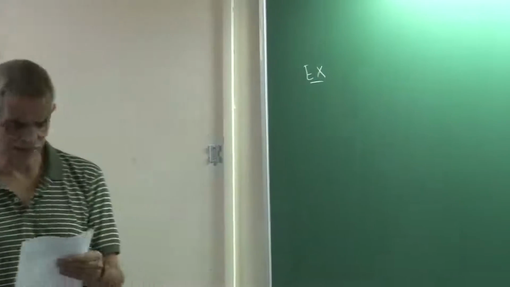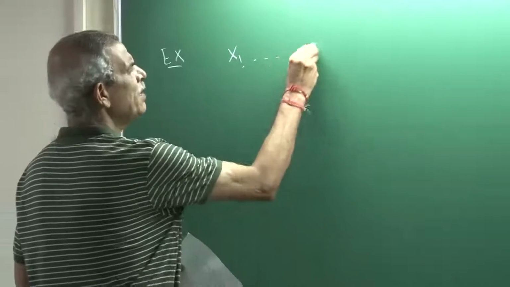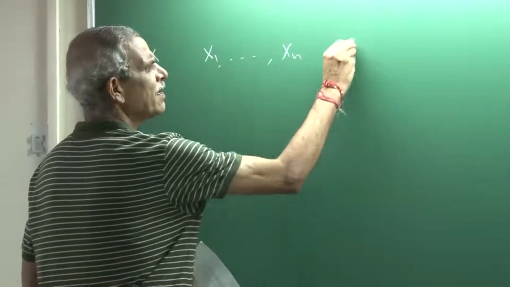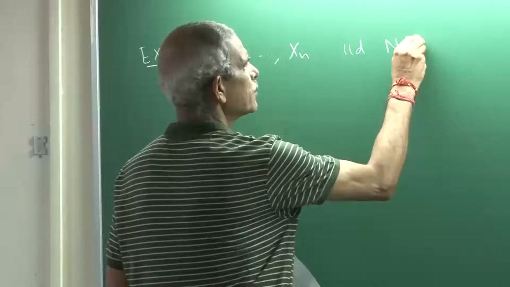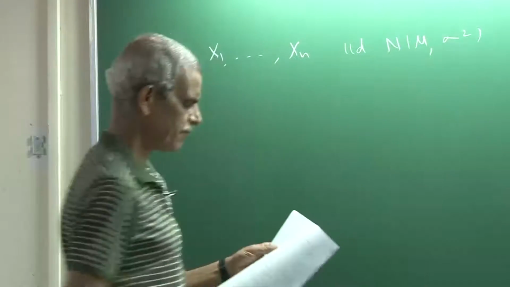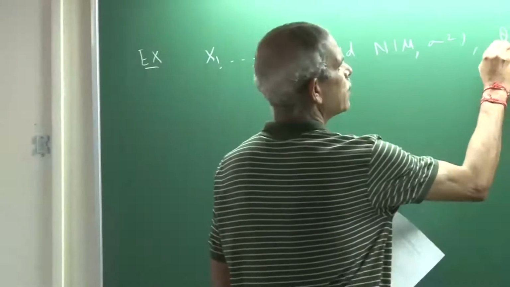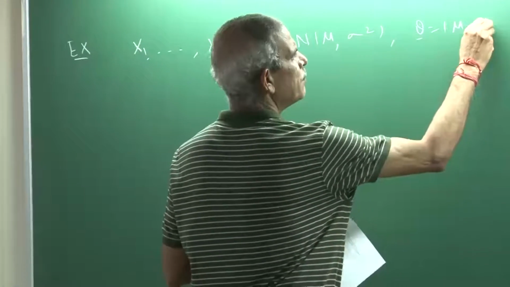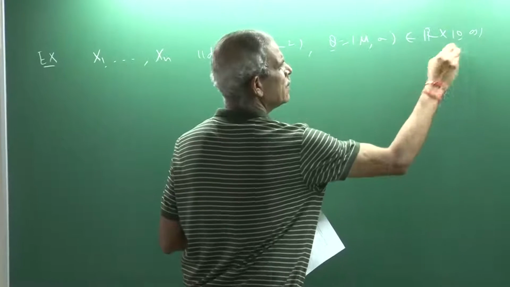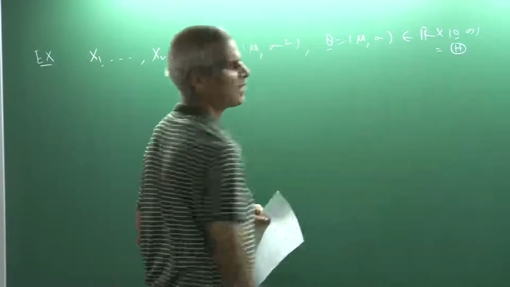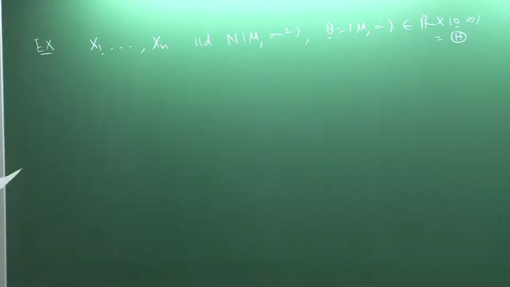So let us take this example. What you have is a random sample x1, x2, ..., xn, which is IID normal(mu, sigma square), where theta = (mu, sigma) belongs to R cross (0, infinity). So in a sense, this is your parameter space.